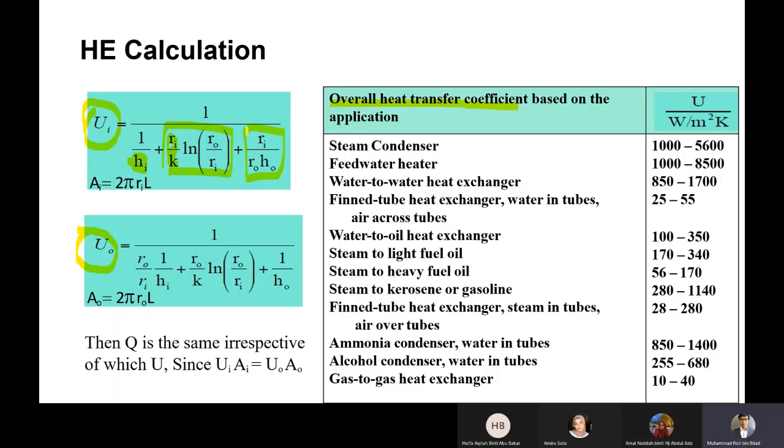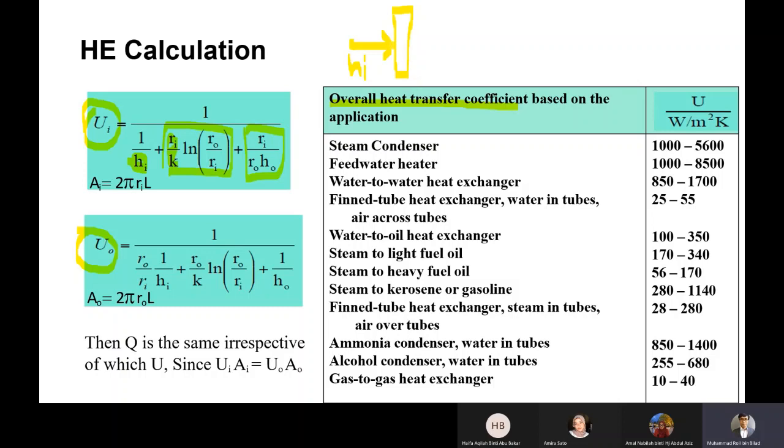To the outside. So imagine this is the wall. From the bulk through to the wall, this is the H inside, the function of convective heat transfer.